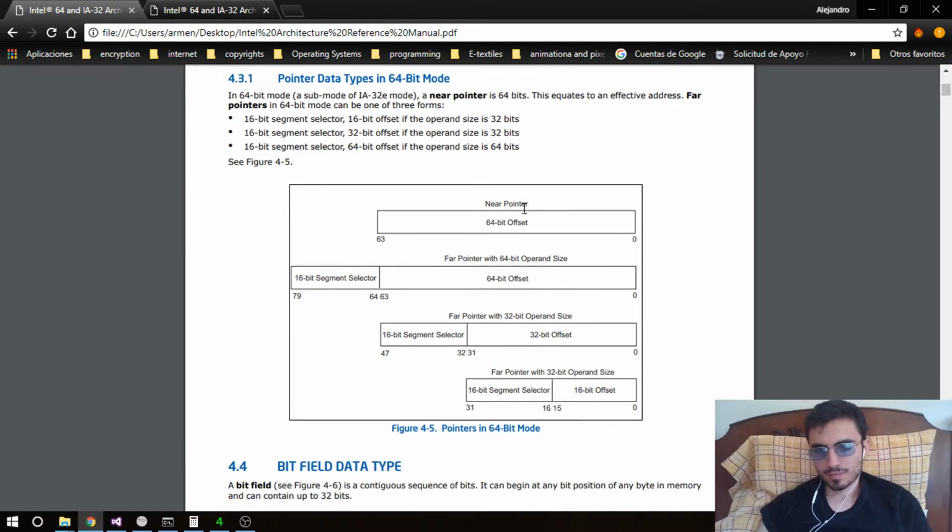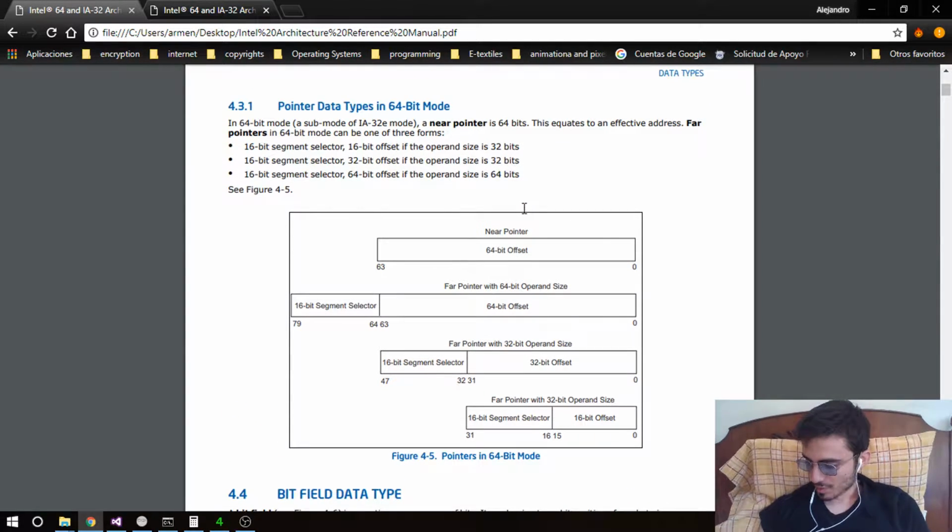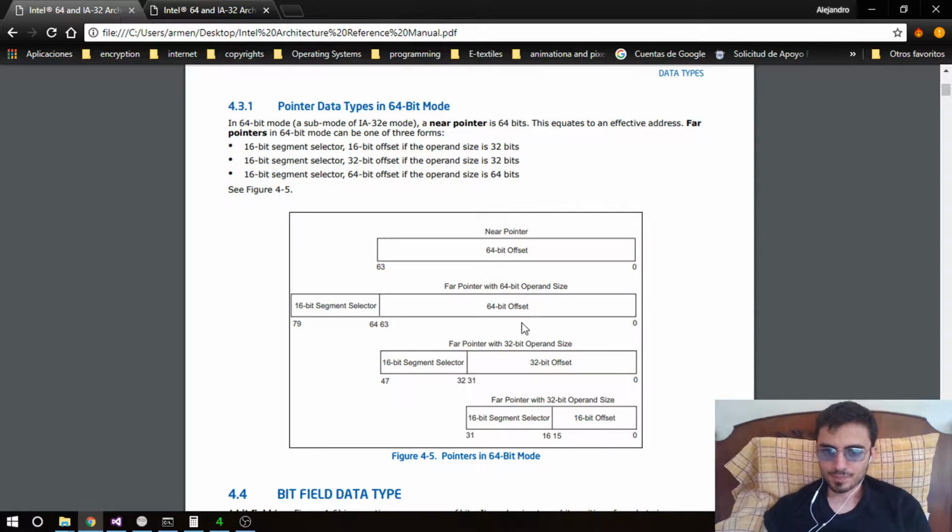So yeah, I believe I already have it here. I just have the one for 32-bit, but it was easy because the override for REX.W was always being set all the time, so we have 64-bit offsets with 64-bit operand sizes.